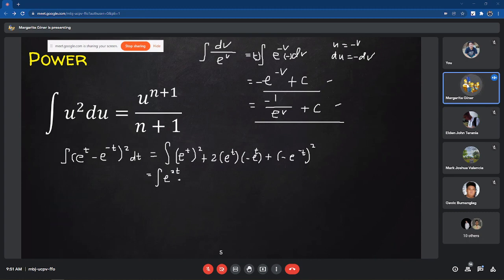Now, let's multiply e raised to t and e raised to negative t. Plus e raised to negative t, squared, so also negative 2t.